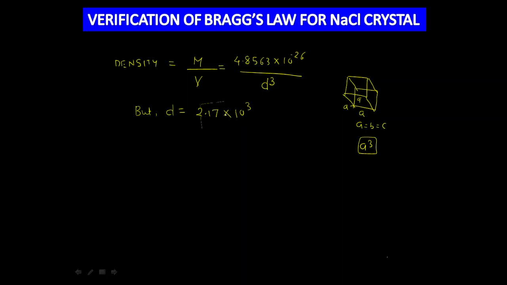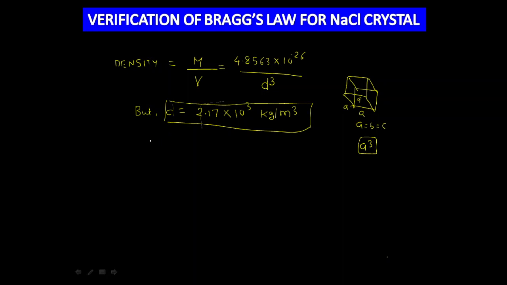So the standard density for NaCl compound is 2.17 into 10 to the power 3 kg per meter cube. So this is the standard value of density for this NaCl compound.